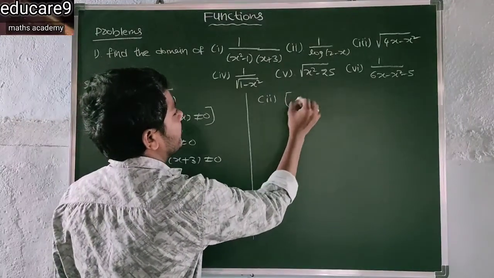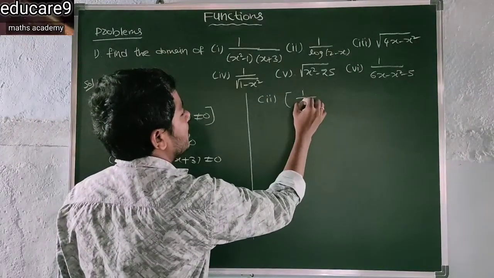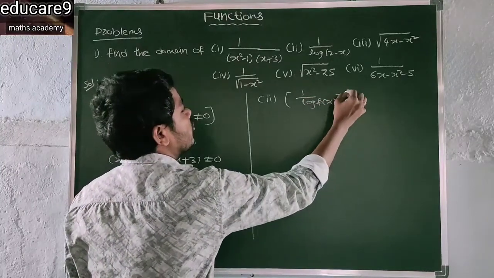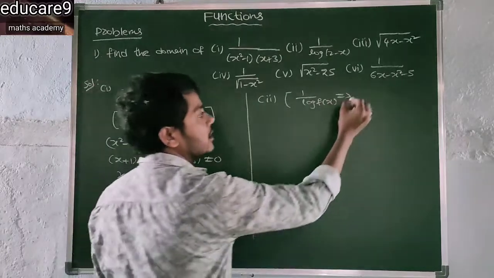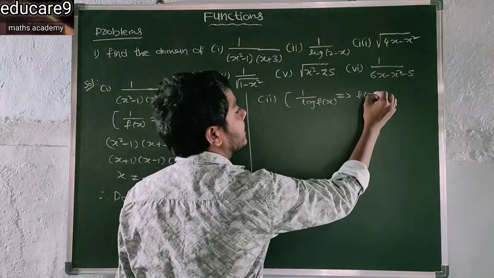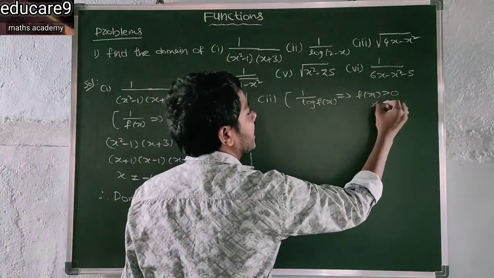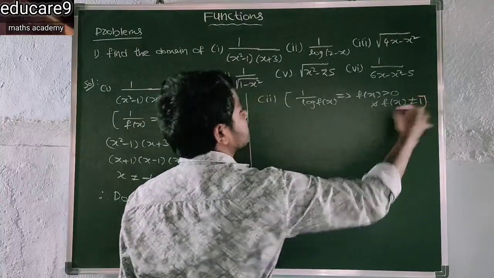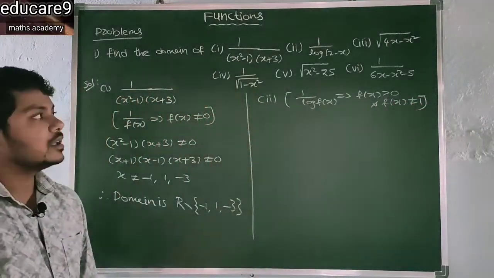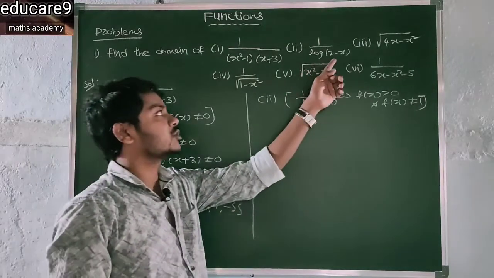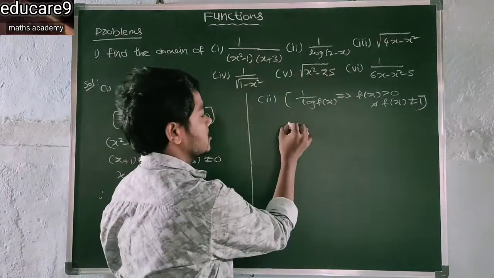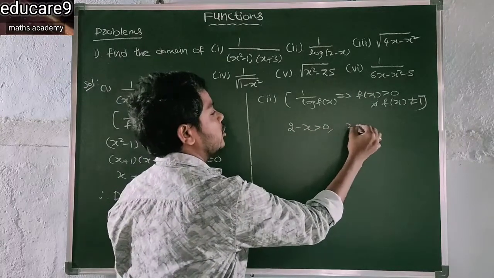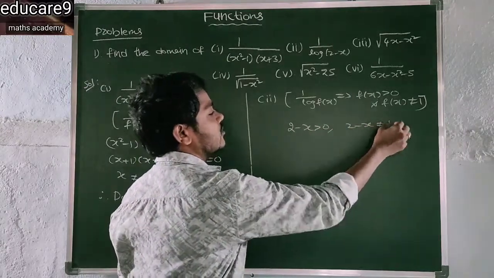Write it in the form of 1 by log f of x. So what are these conditions? f of x is greater than 0 and f of x is not equal to 1. What is f of x? 2 minus x. So 2 minus x is greater than 0 and 2 minus x is not equal to 1.